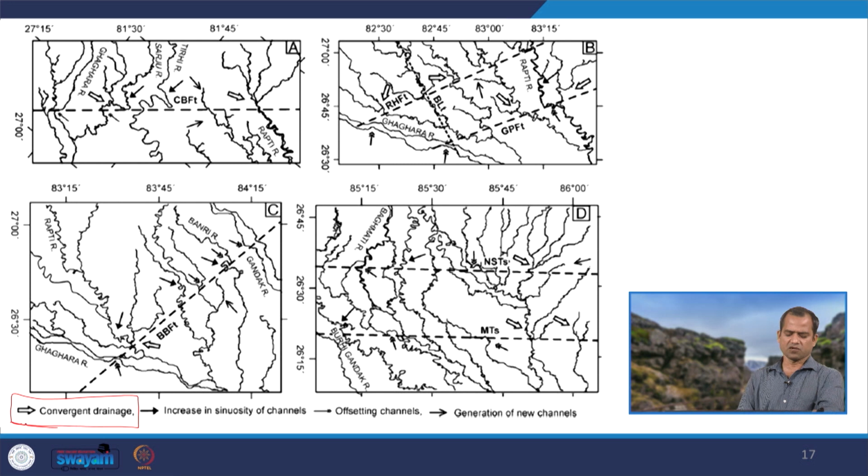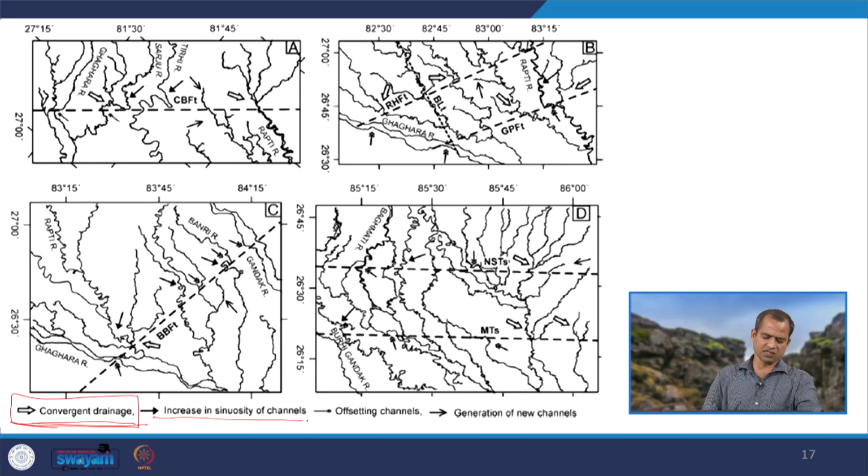One is convergent drainage. When there is a fault separating a highland from a lowland, there will be convergence of streams along the highlands. Not all converging streams are indicators of a fault, not all; you should understand this very clearly. Whenever there is stream convergence, you should not automatically put a fault there.